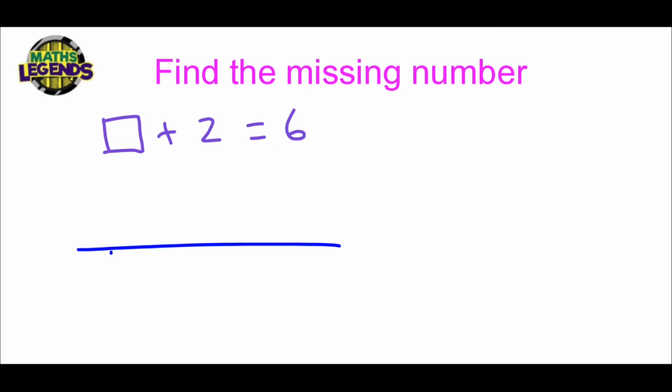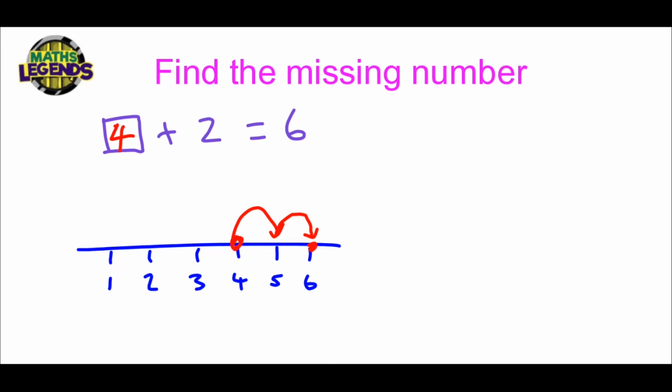This time we need to go up to at least 6. So 1, 2, 3, 4, 5, 6. So we want to end up at 6. Going to add 2 to a number. So we know we have to at least go 2 steps to the right from where we're starting. So we're starting from 4. So the answer here is 4.